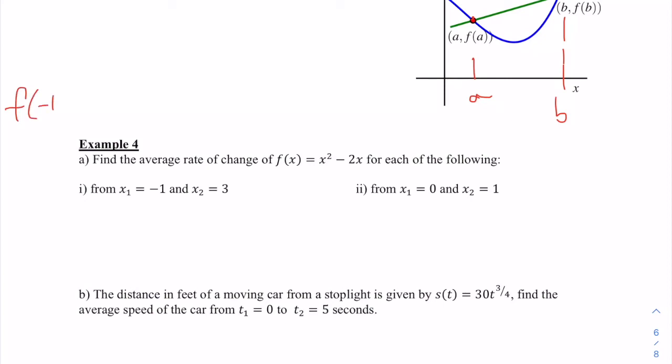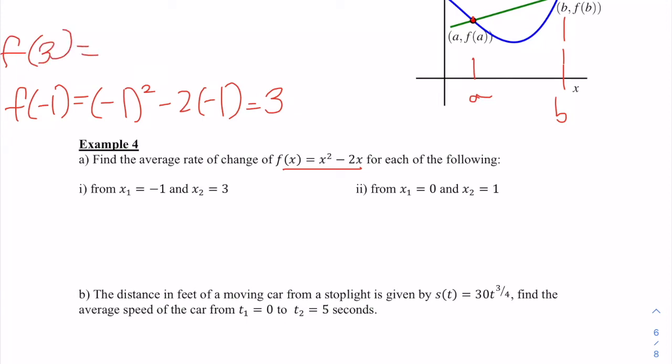So f of -1 in this function would be (-1) squared minus 2 times -1. So that's just 1 plus 2, so that's 3. And then we have f of 3, so that's going to be 3 squared minus 2 times 3. So that's 9 minus 6, so that's 3. So when we consider that, the average rate of change, or the slope, it's going to be the difference in the y's over the difference of the x's.